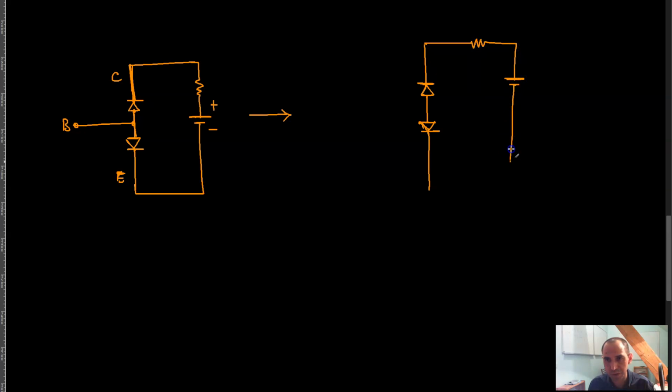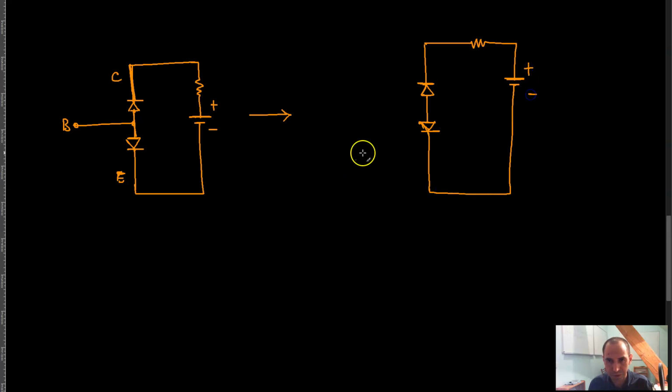Now suppose that I have the same circuit again over here, meaning the cathode and then another cathode over here, and this time I connect the same power supply over here. I put the resistor over here, positive over here and negative over here.